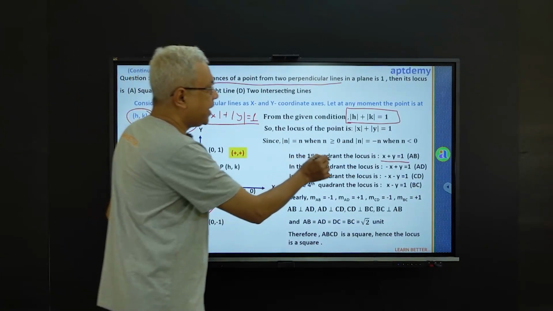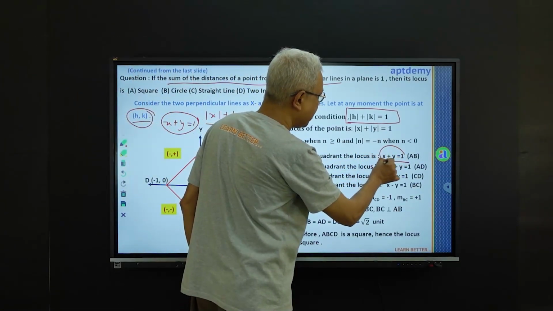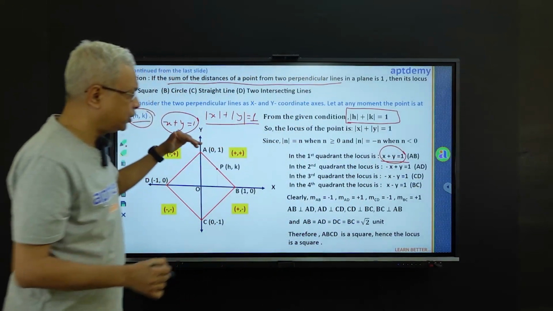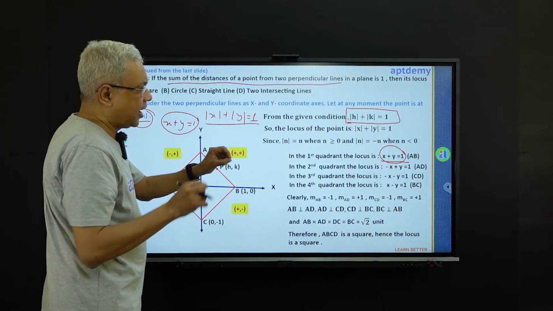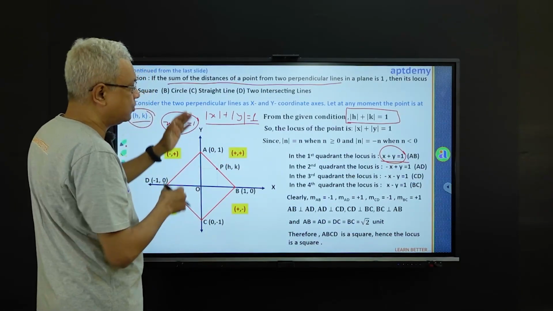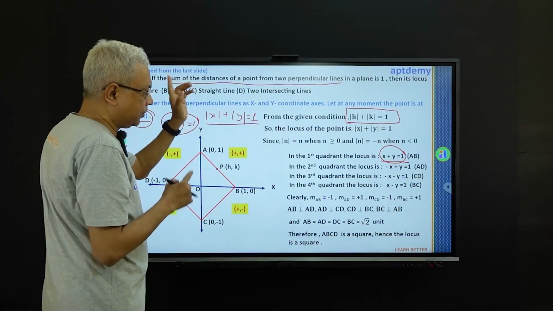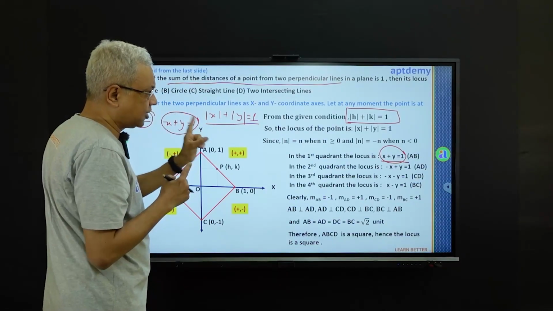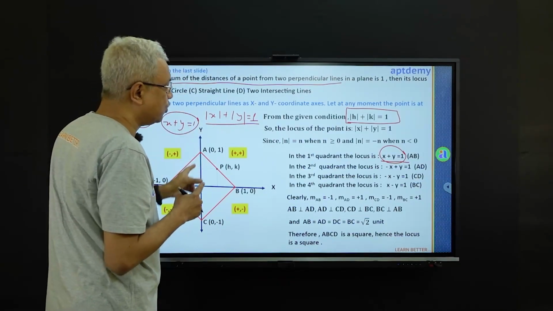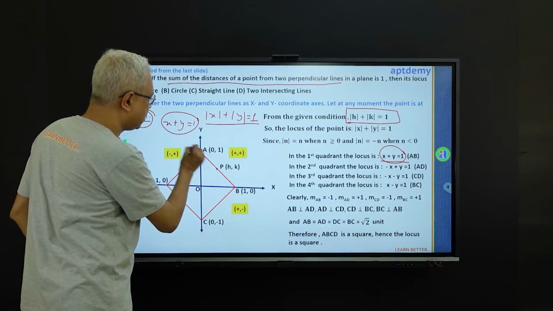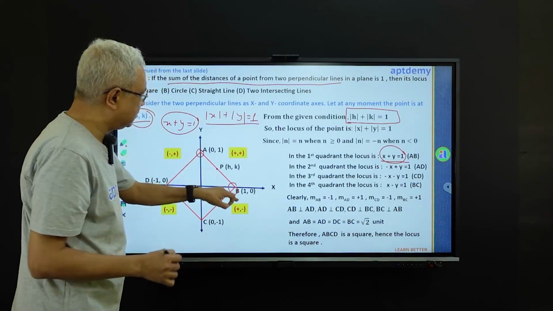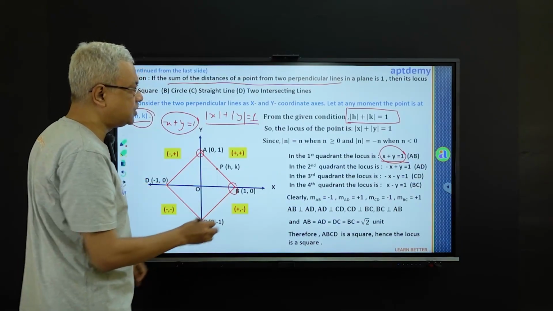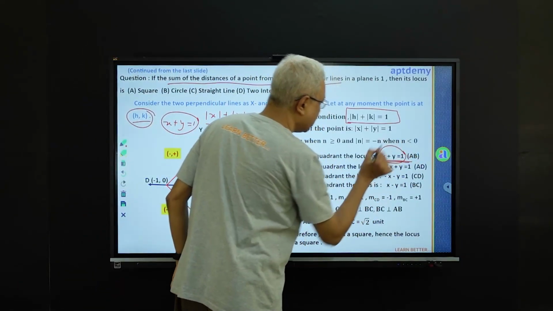And x plus y equal to 1 is the equation of a straight line which has intercept on the x axis at the point (1, 0) and intersects the y axis at the point (0, 1). So this is (0, 1), this is (1, 0), and this is the line AB which is represented by this equation.